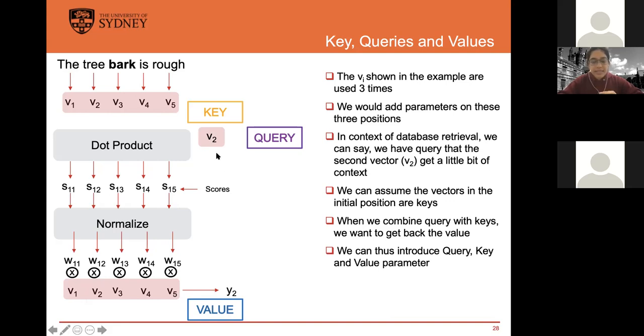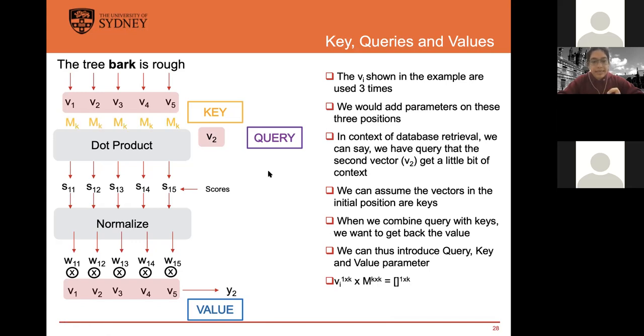Thus we can introduce this key, query, and value parameter. So how do we do that? We know that for any vector of length k, if we multiply it with a square matrix with k cross k dimension, we'll get another vector of length k.